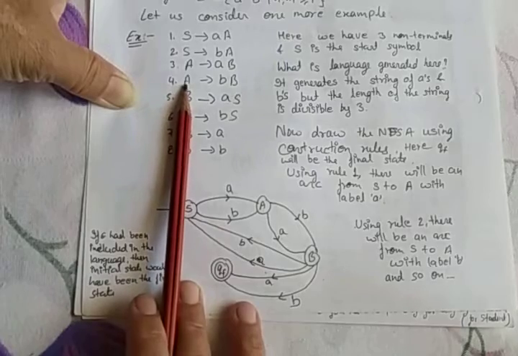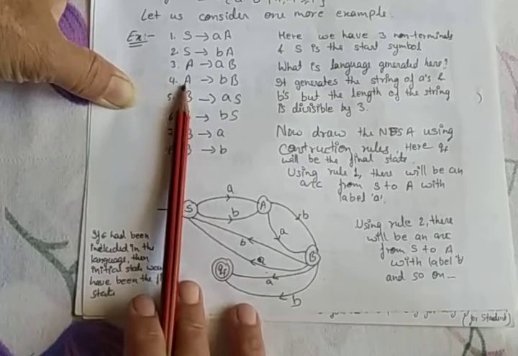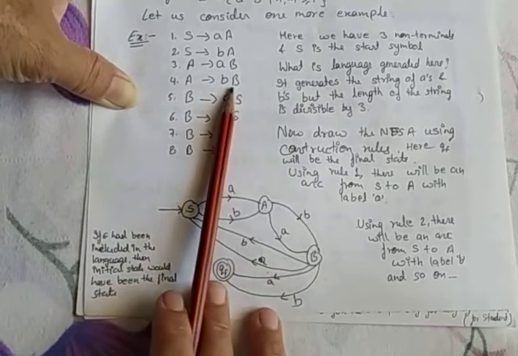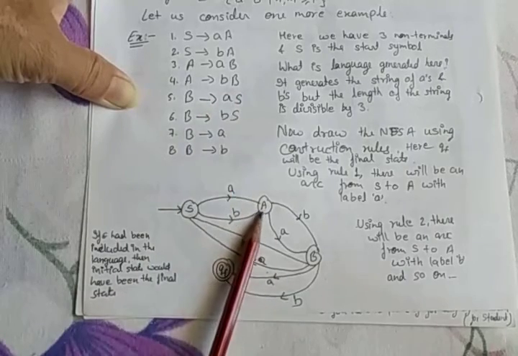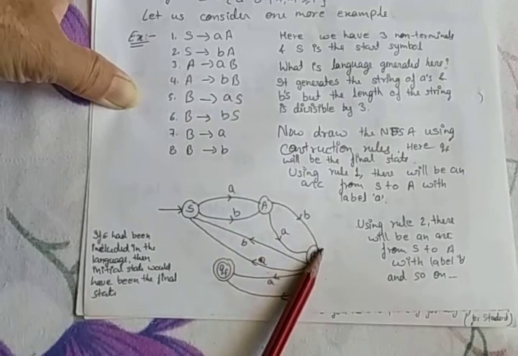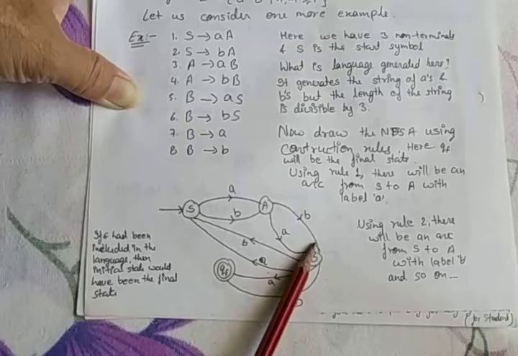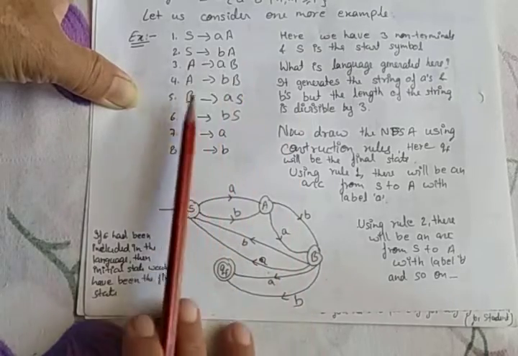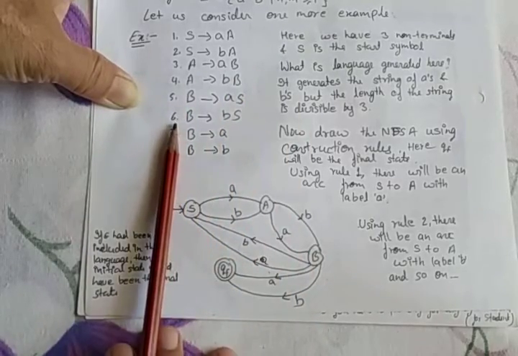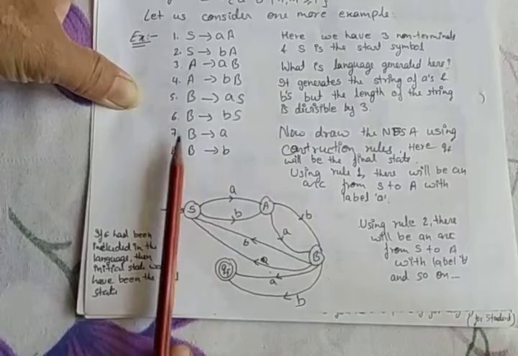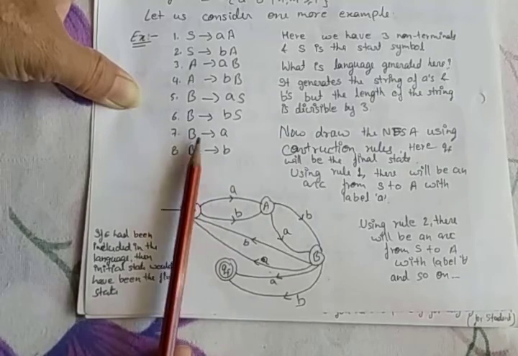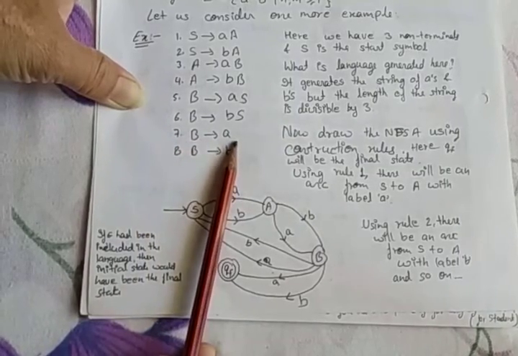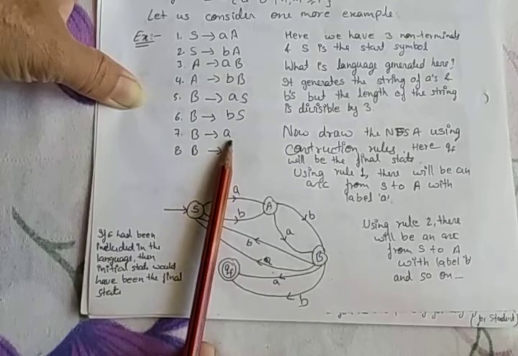At A, the fourth rule is, at A, we read b and go to state B. This is the transition for the fourth rule. Okay? Similarly, 5 and 6. Now, look at rule number 7. B tends to a. Means this is the terminating string.